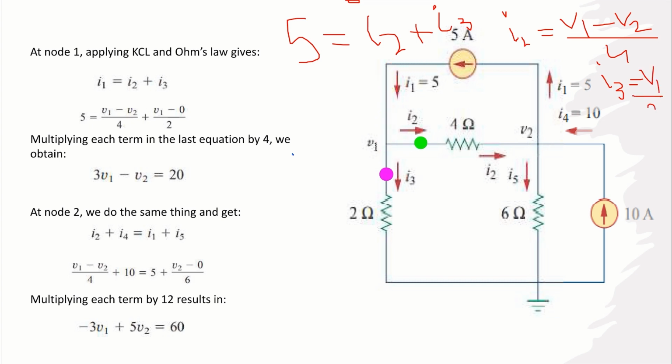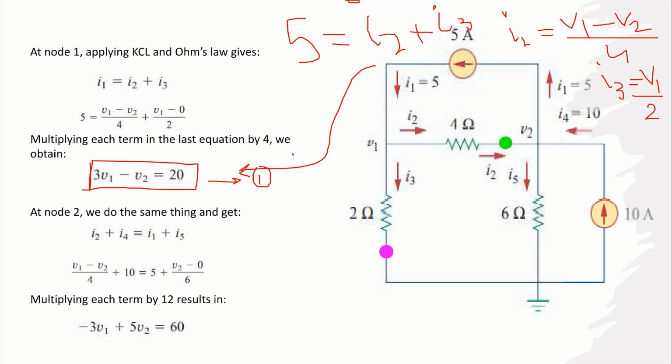So we can substitute these values and find the final equation as this, that is 3V1 minus V2 equals 20. So we applied KCL at node 1 and we simplified the equation we got after applying Ohm's law, and now this is our final equation for node 1. We applied KCL and got this equation from node 1.